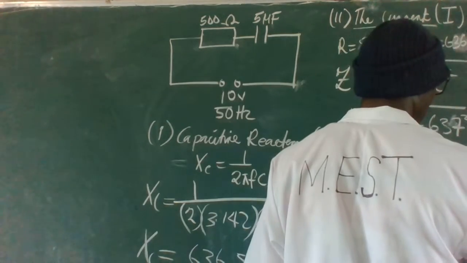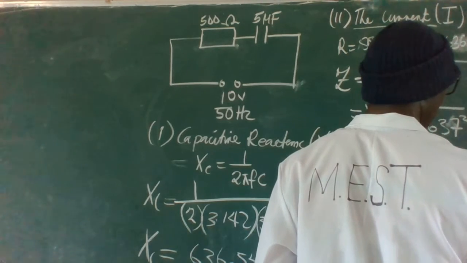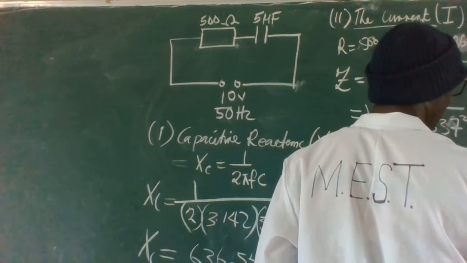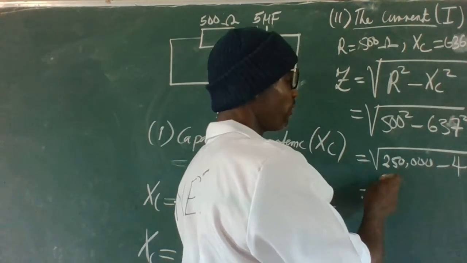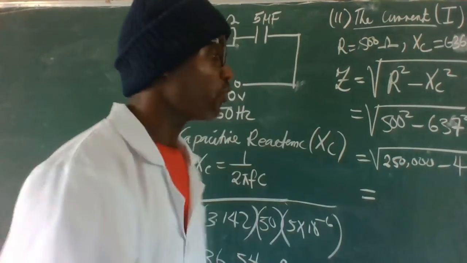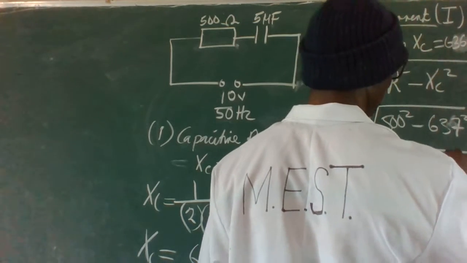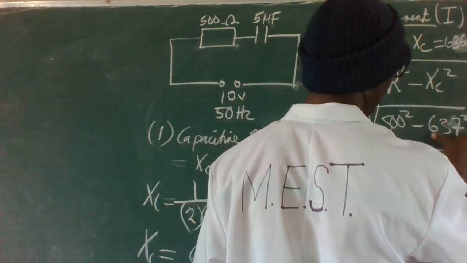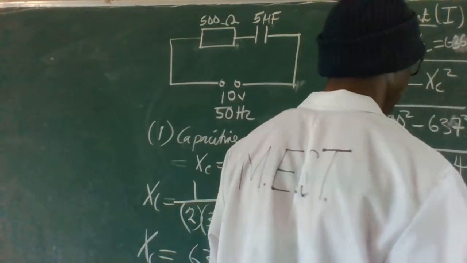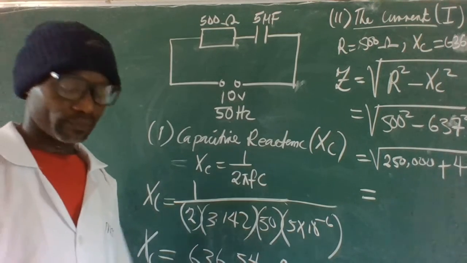637 squared is 405,769. Good. So, subtract from 250,000. Remember, we are having a squared, so this minus will turn to plus.